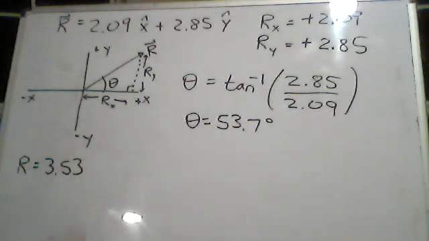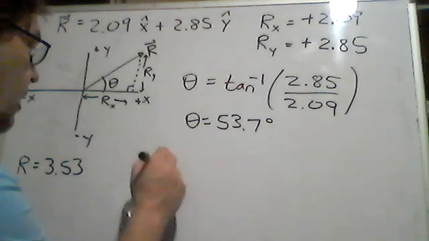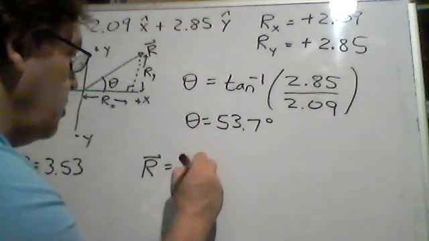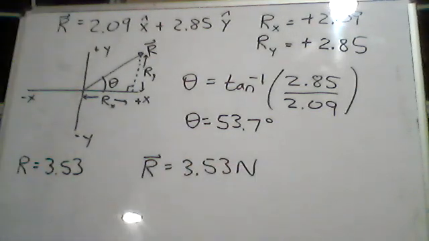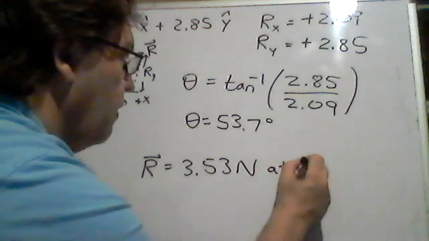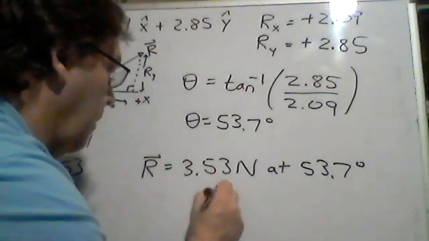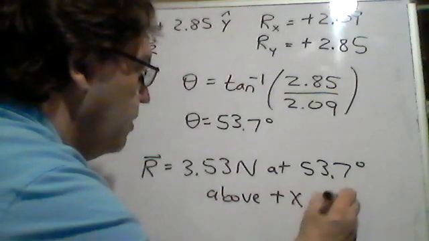To write this out properly, I could write it in a couple of different ways. I would say R is 3.53 newtons, since I am doing a physics problem with forces, at 53.7 degrees above the positive x-axis.